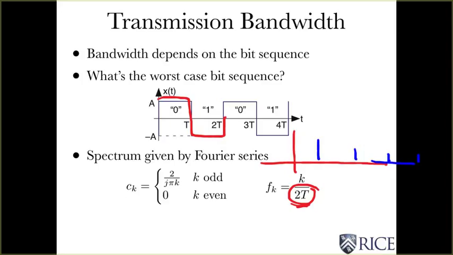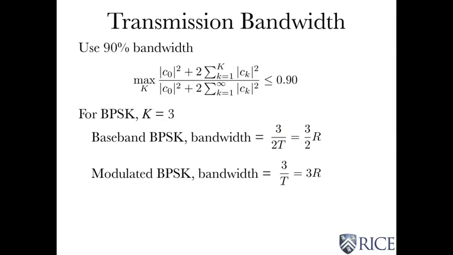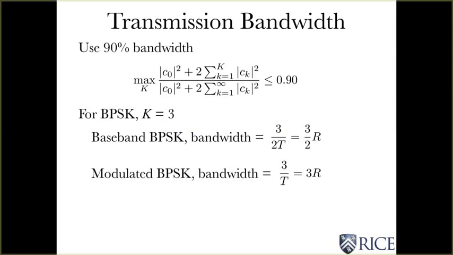So we have a more practical definition of bandwidth, and that is to use what's called the 90% bandwidth. This is similar to what we talked about in terms of total harmonic distortion. I want to figure out how many Fourier series coefficients are needed so that I grab 90% of the power.